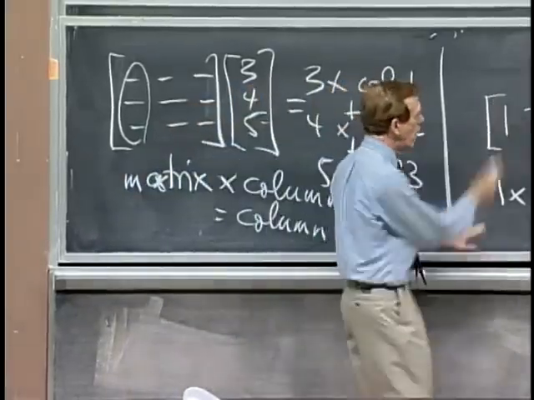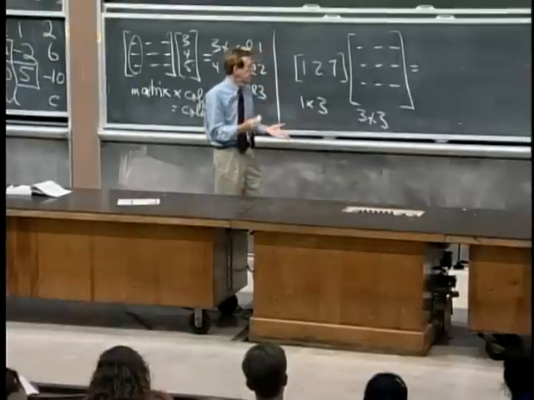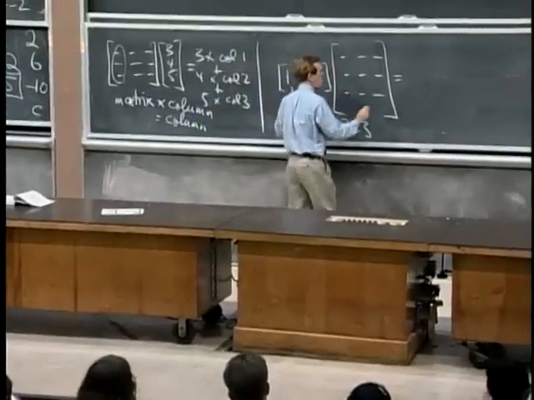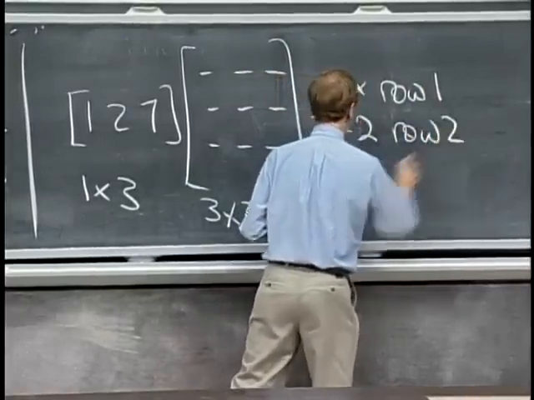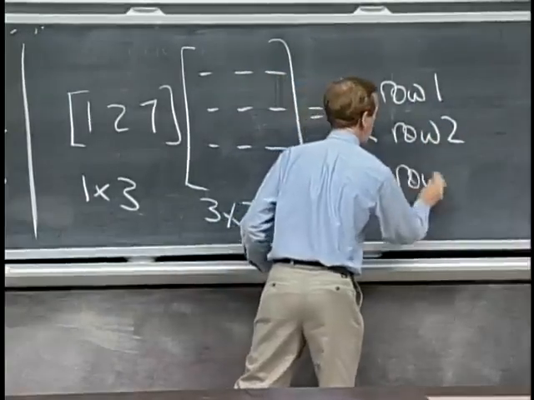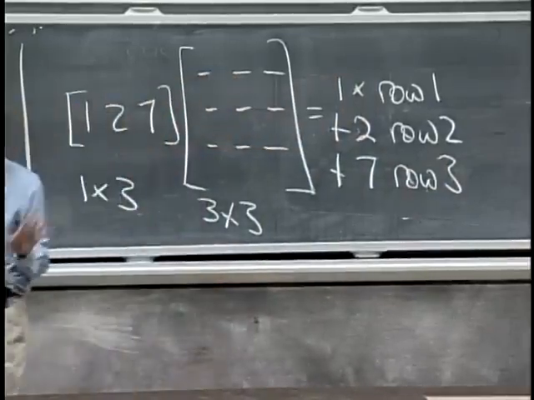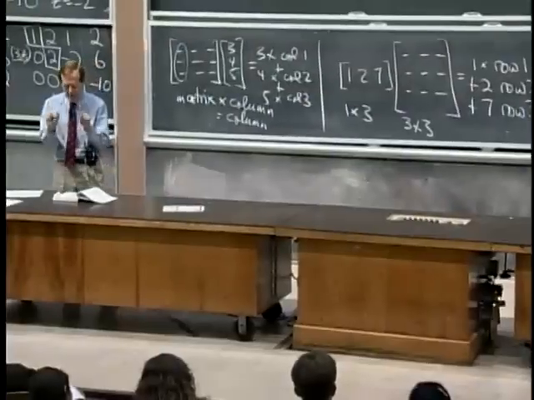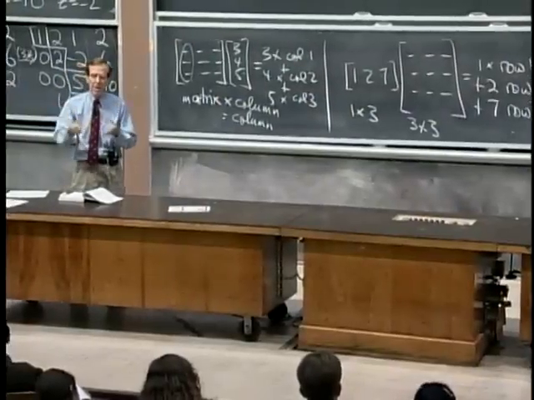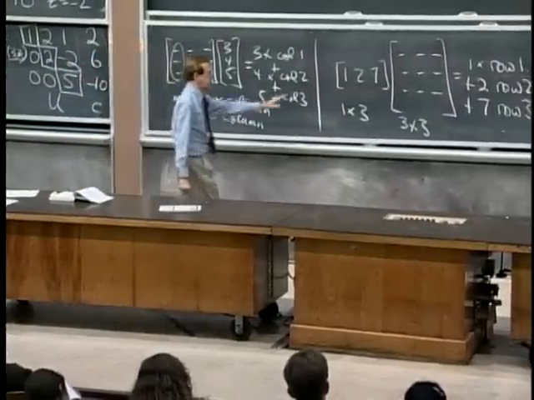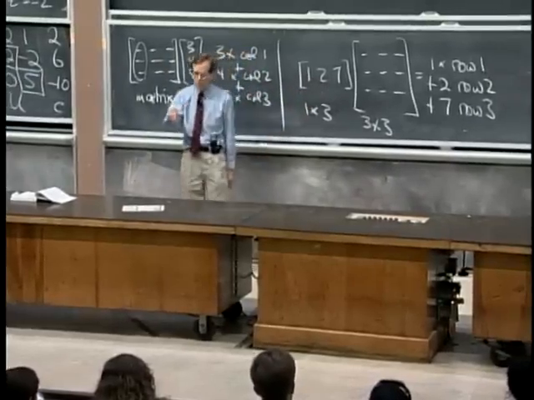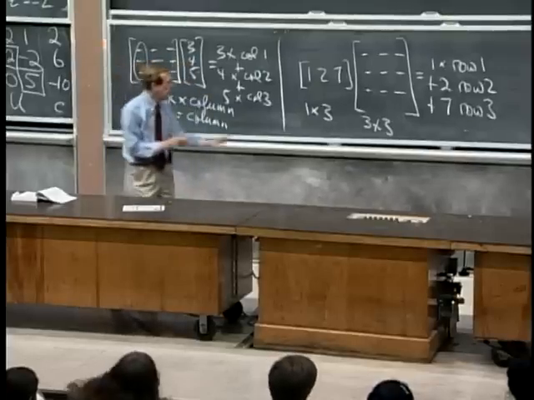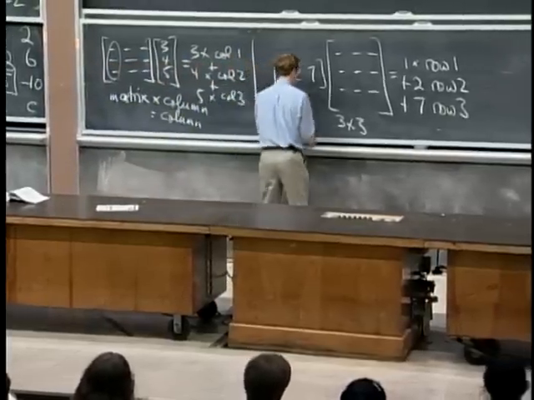Over here, I'm doing a row times a matrix, and what's the answer? It's 1 times row 1 plus 2 times row 2 plus 7 times row 3. As we do matrix multiplication, keep your eye on what it's doing with whole vectors. What it's doing in this case is combining the rows. We have a linear combination of the rows. Okay, I want to use that.